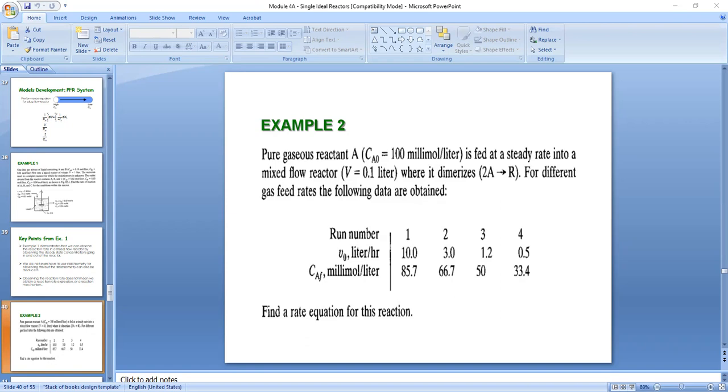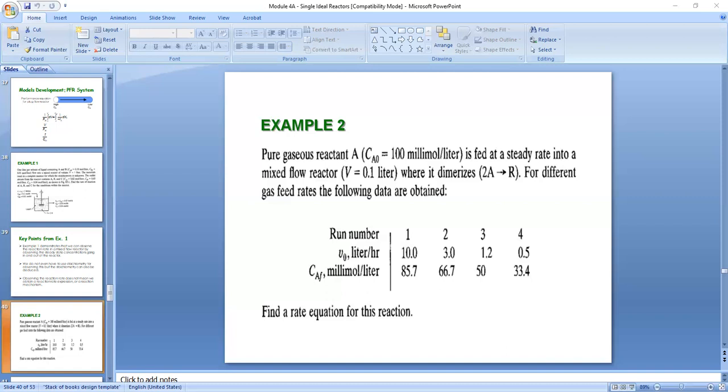So, for a volumetric flow rate of 10 liters per hour, this is the final concentration of A in millimole per liter: 85.7. Now we have another run at a different volumetric flow rate, at 3, and this is our final concentration for A. Another run, a little bit smaller, 1.2 liters per hour is processed.